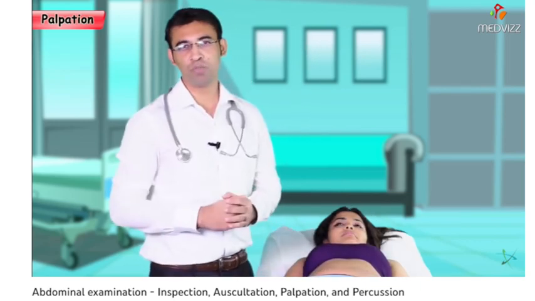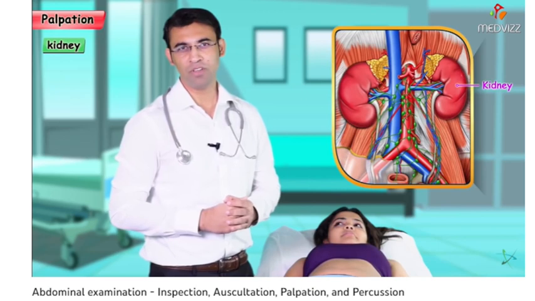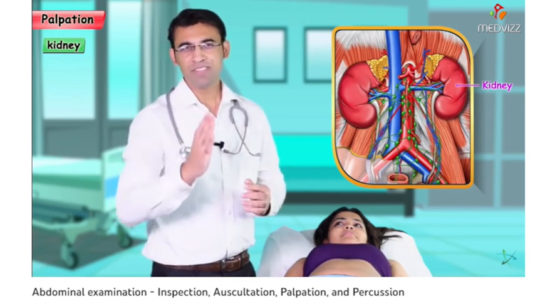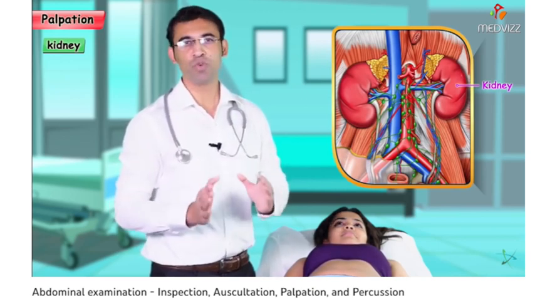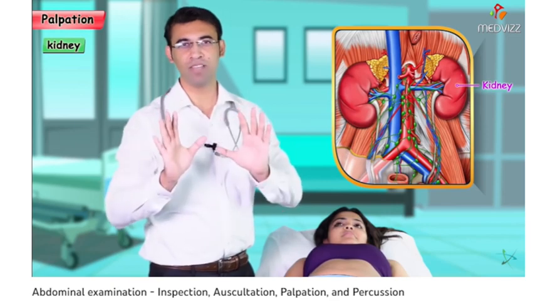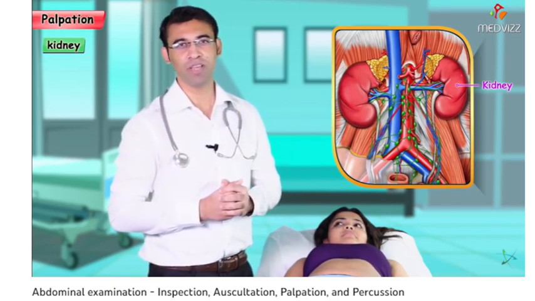And now I'm going to palpate the kidney of my patient. Here, single hand palpation will not be enough, so we have to use both hands, and this is called bimanual examination.